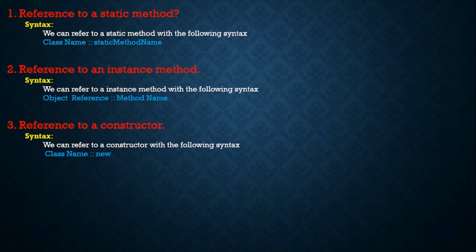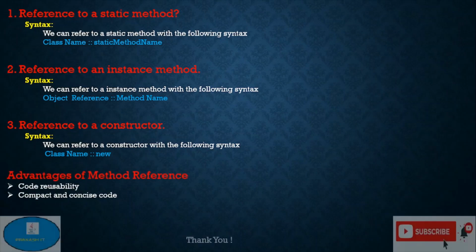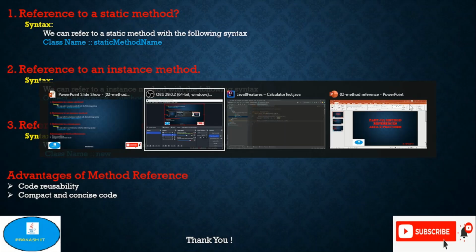Because the implementation for the Lambda expression is already there in another class inside one method that we are going to refer to. It may be a static method, a non-static method, or a constructor. So that's it from the theory side. Let's quickly jump into the coding section. I will write the example and demonstrate it.